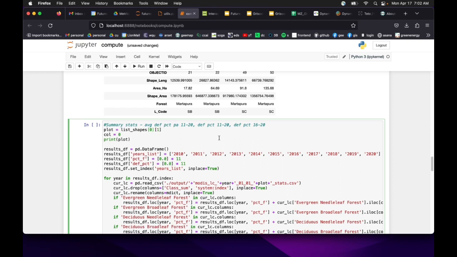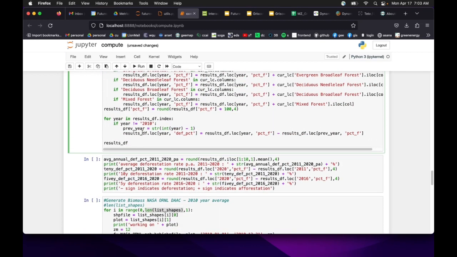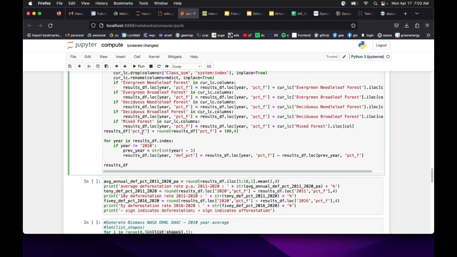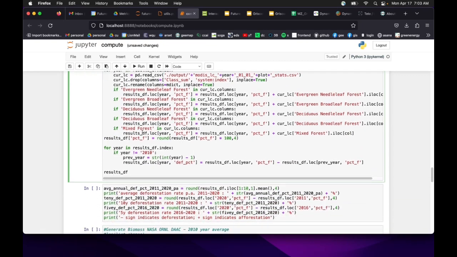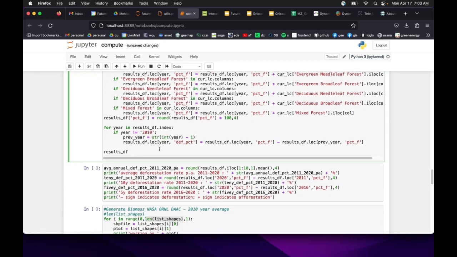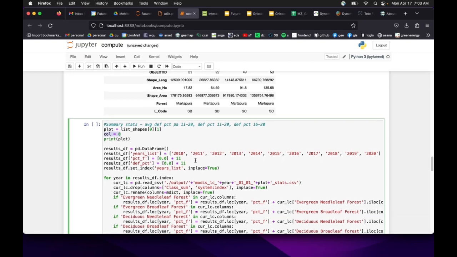Here we seem to be looking at computing the percentage forests across all these different years, and then we track the year-on-year change. I'm just trying to see what the significance of column equal to 0 is, where I actually use that.